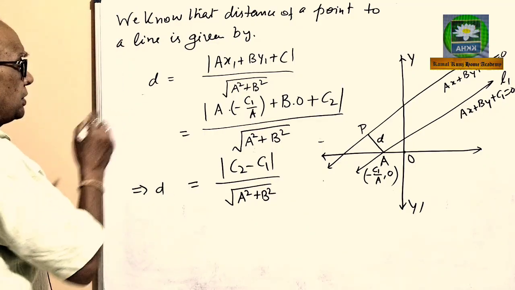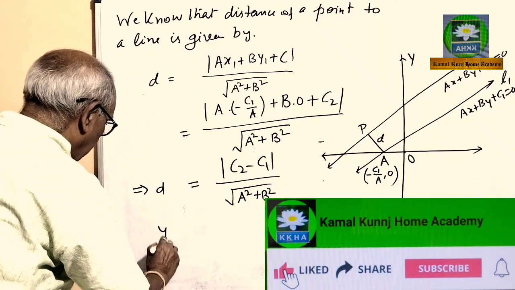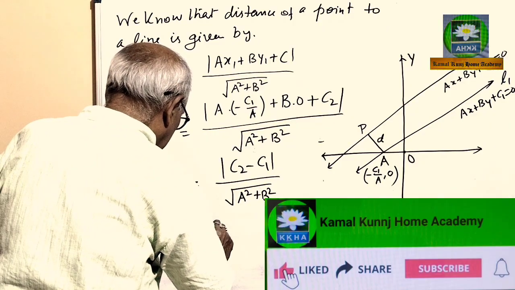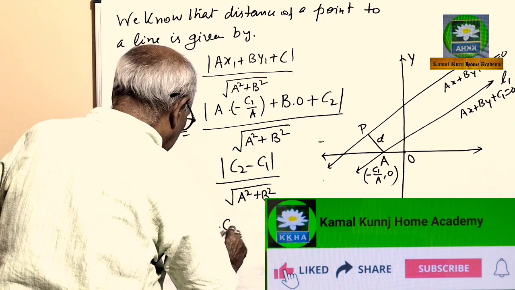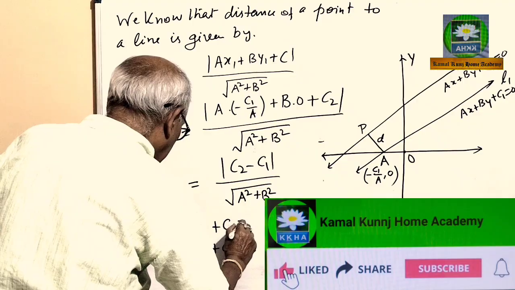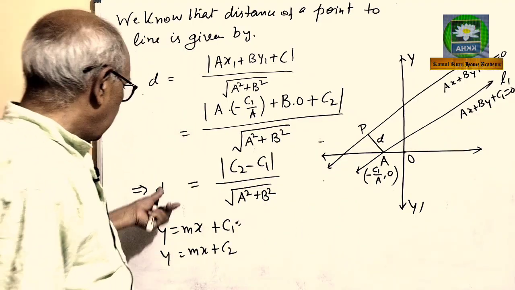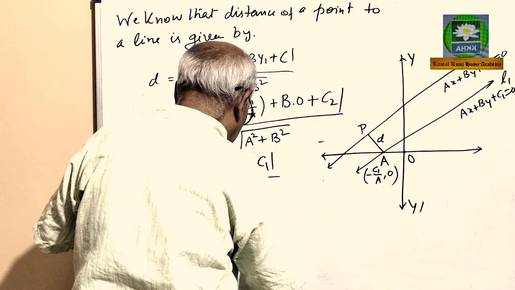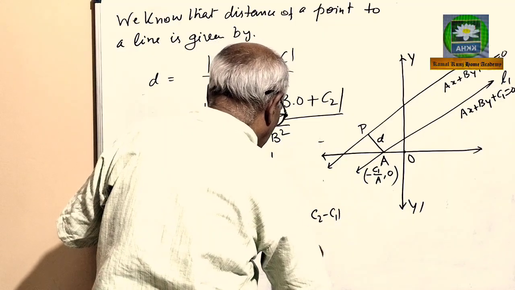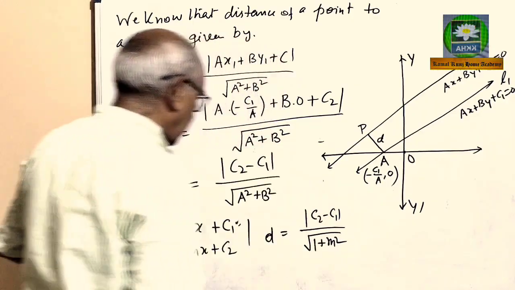Now if you take the equations of the two lines in slope form, that is y equal to mx plus c1 and y equal to mx plus c2, then d will be equal to c2 minus c1 upon under root 1 plus m square.